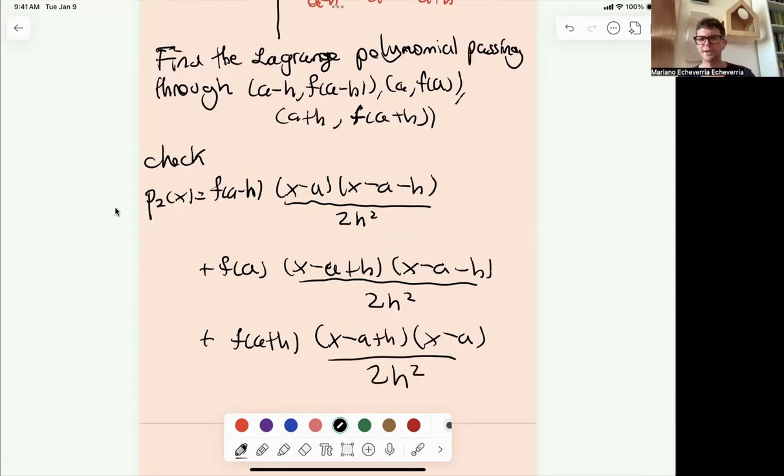I'll put it as an exercise if someone wants to work it out because it's a fun calculation to do.